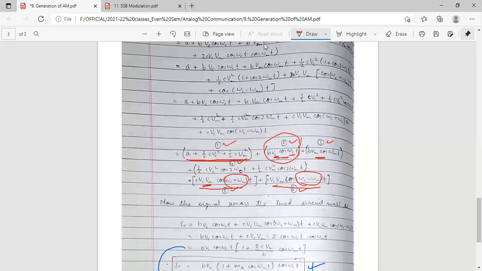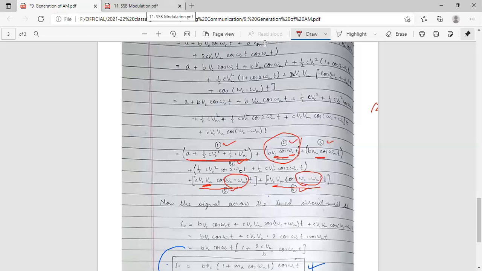So what we are now interested with, we are suppressing one of the sidebands and the carrier, so that at the receiver side we will get only one of the sidebands. And we have also seen that most of the power consumption is in the carrier, so we would like to omit it.